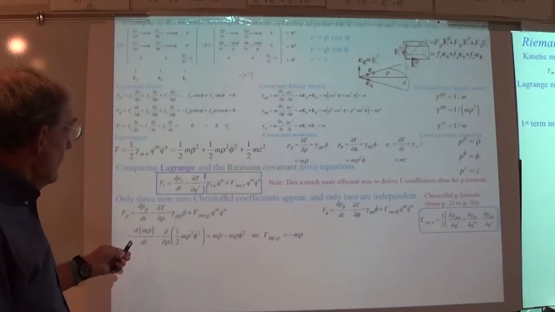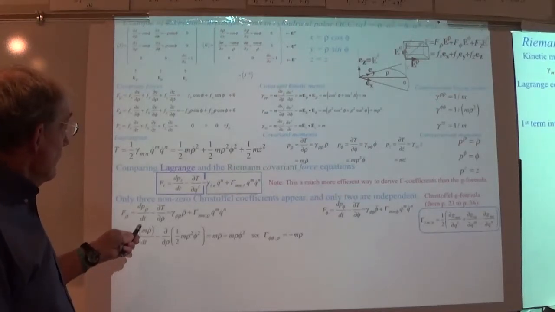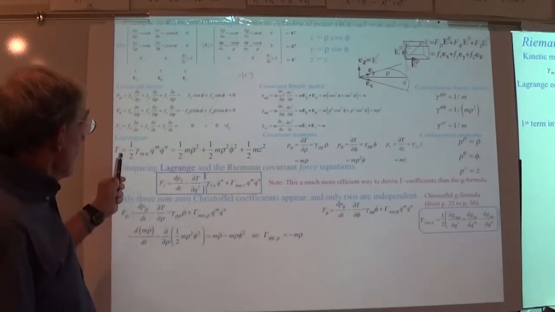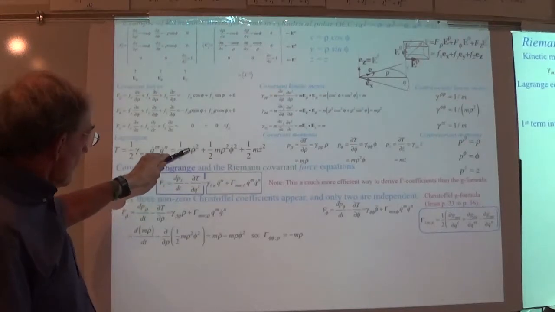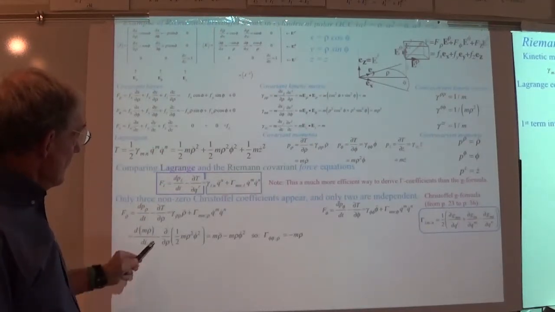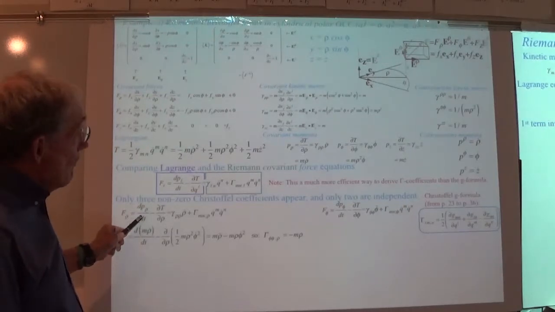So I go ahead and do the time derivative of this, the equation of the kinetic thing we're doing here. Do the time derivative of the thing. That's the time derivative of momentum.